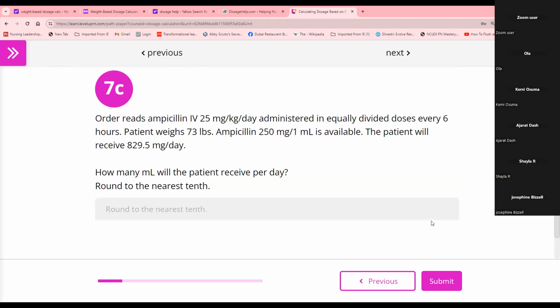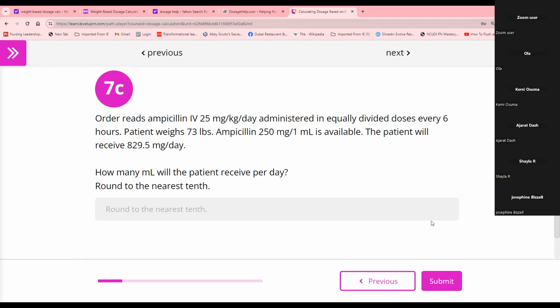Now it's asking us how many mLs. And you guys already know how to do this because we just did this on a previous question, right? Yes. We did this before when we were doing those other calculations. And it's asking, how many mLs will the patient receive per day?